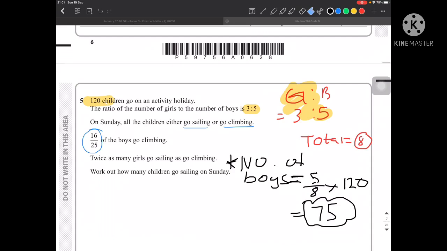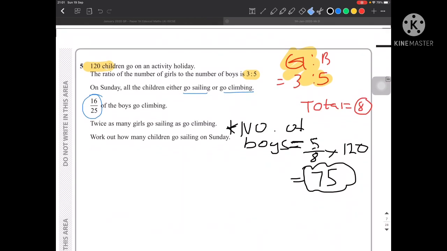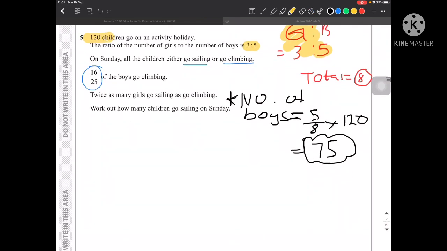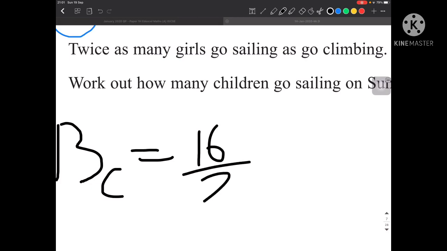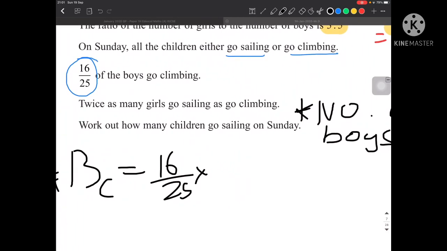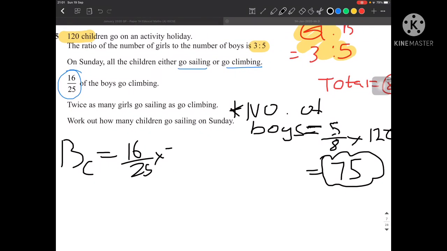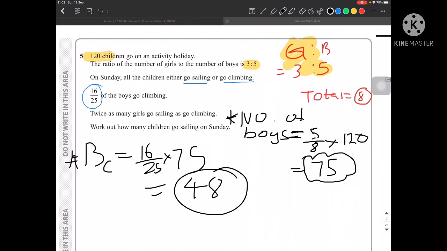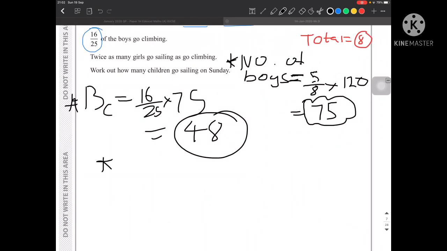So the number of boys who go climbing, denoted by boys climbing, make sure you denote properly on the exam, equals 16 over 25 times 75, which is 48. 48 boys go climbing, so we need boys sailing.